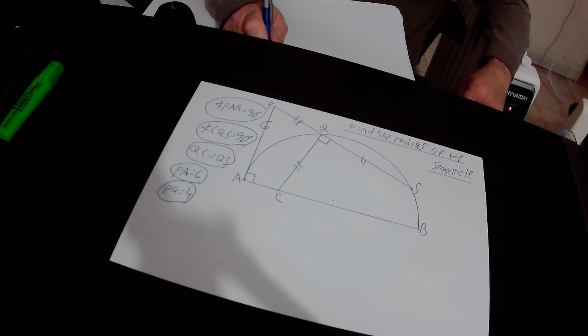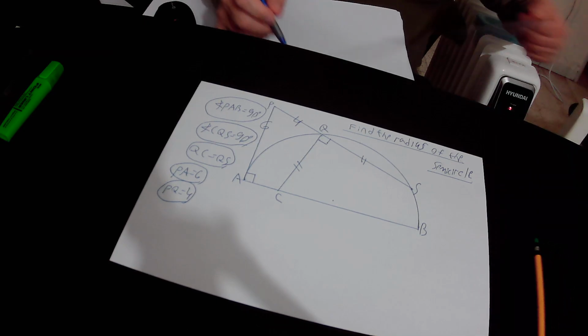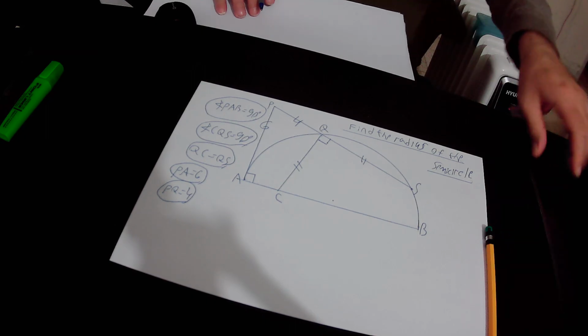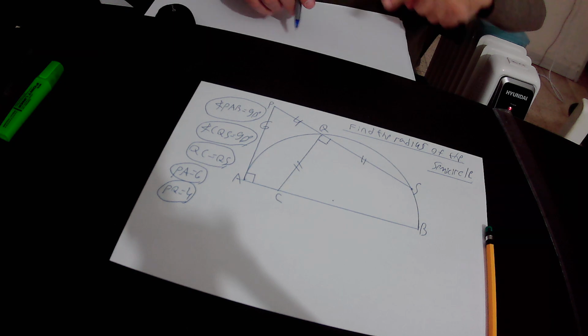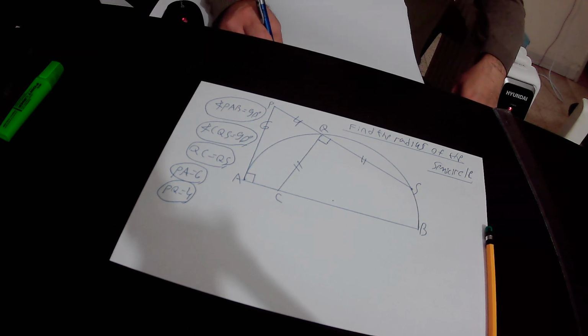According to rule number 10, PA square equals PQ times PS.